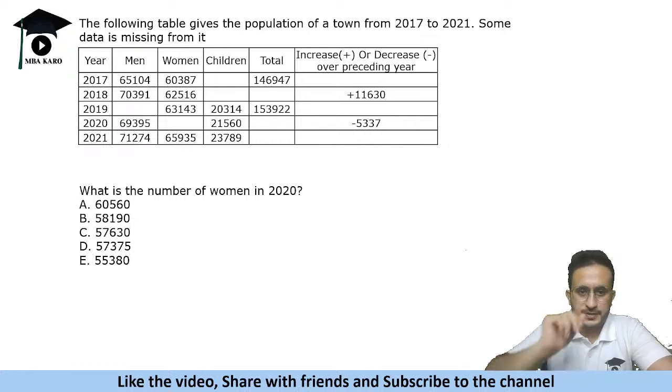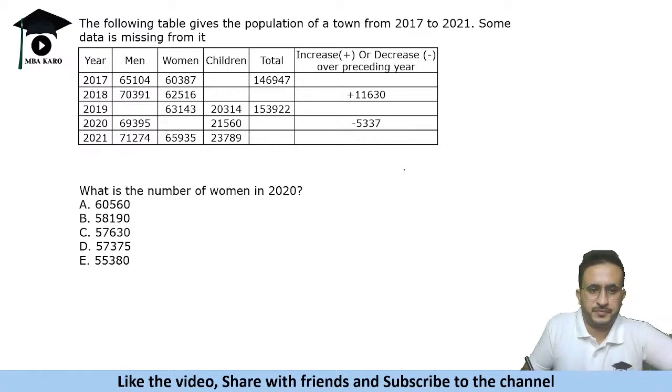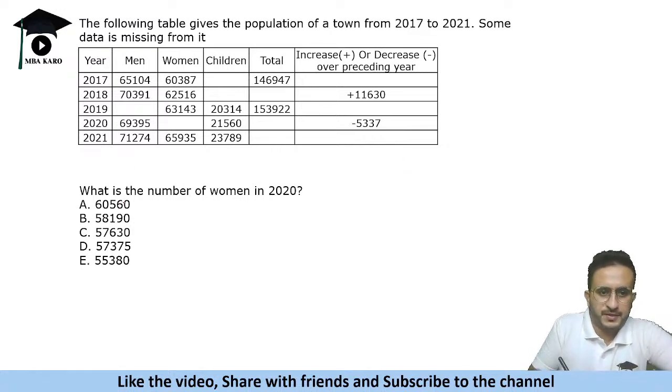Now, if you see this, we have to find the number of women, right? So we will apply this approach of approximation, 153 minus 5,000. So that is 148,000, right? 148 point something.